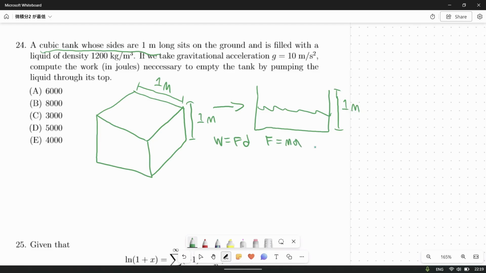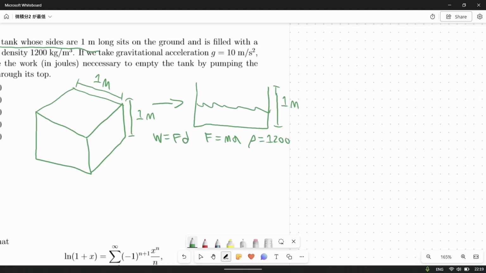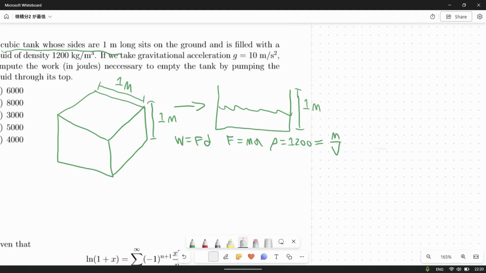It also gives us a density, rho, equal to 1200 kilograms per cubic meter, and density is equal to mass divided by volume. This is important because we need to extract mass from the density so that we can plug it into our force equation and ultimately into our work equation to come up with an answer.